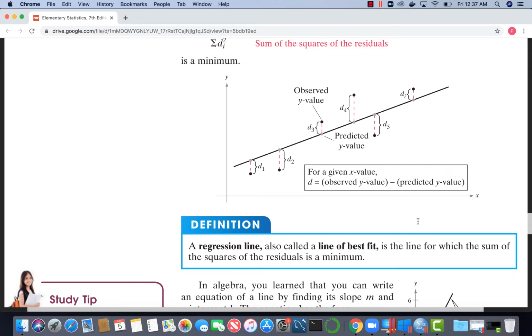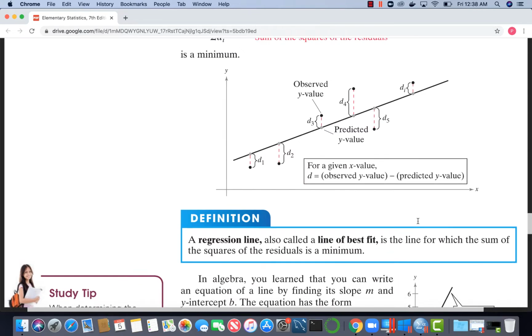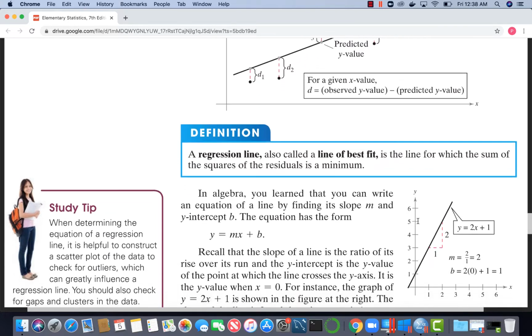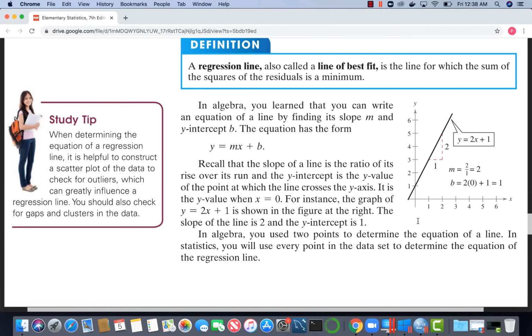Now, if we were doing it analytically by hand, we would do it either by taking partial derivatives or by a matrix method. But we'll leave that for another video, perhaps sometime in the future. At the end we will obtain a line.